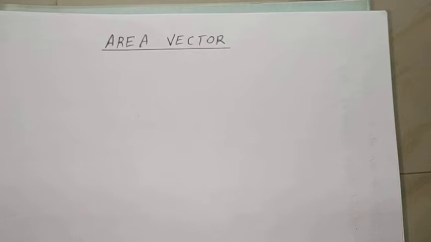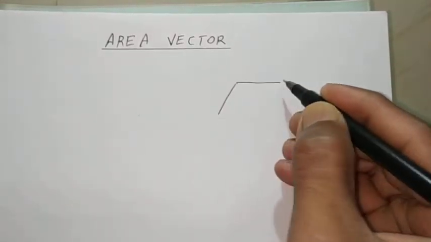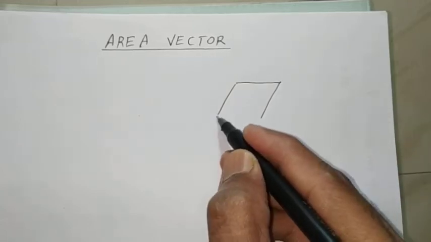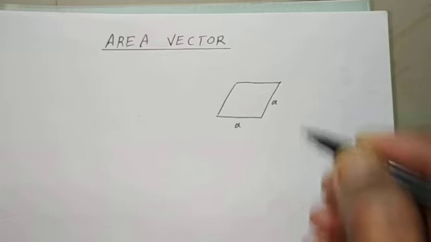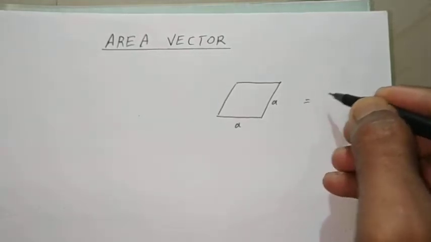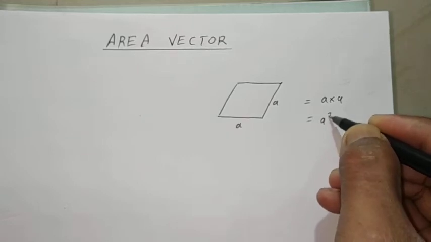So firstly we will see what an area vector is, then we will come to studying the area vector for a curved surface or for a closed surface. Firstly, when we studied the area of a square, we took two sides of the square and multiplied them, and the area was a into a, a square.